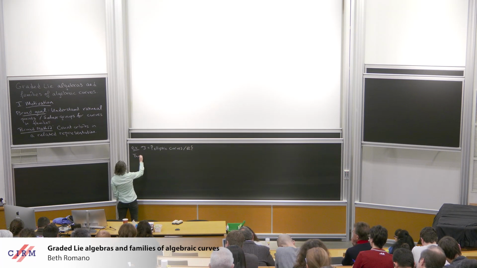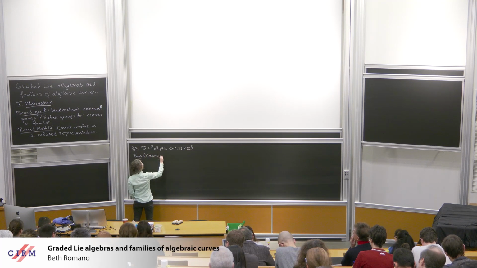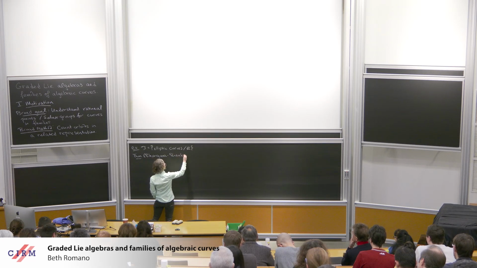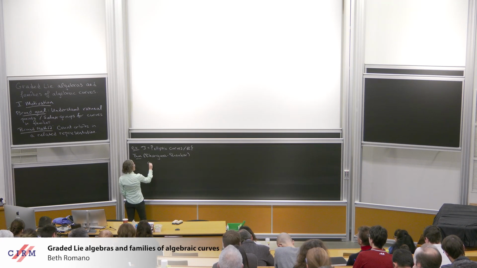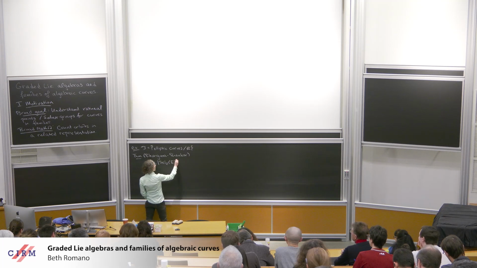And the theorem they proved was that if we order these curves by height, then the average size of the two Selmer group is equal to 3.